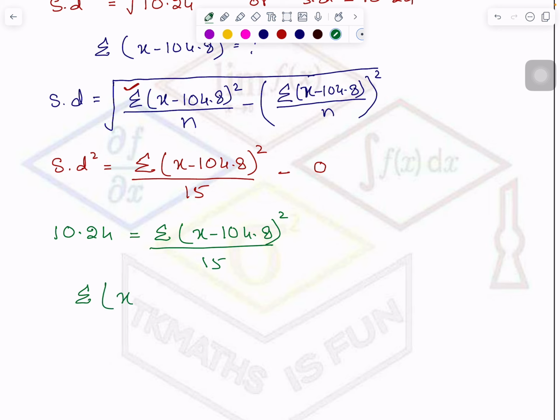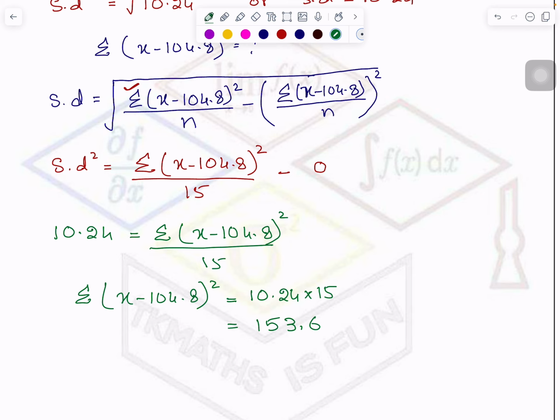Sigma (x minus 104.8) square. 15 times 10.25 is what? Let's use the calculator. So it is coming 153.6, right? Now the question is, why is it 0?